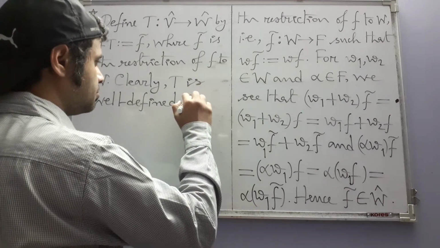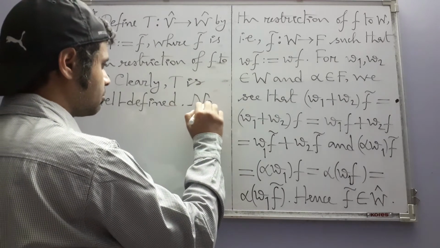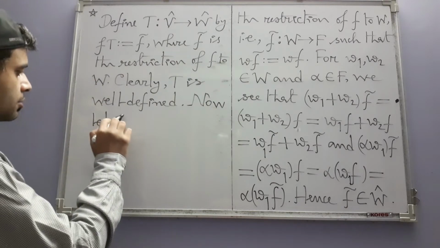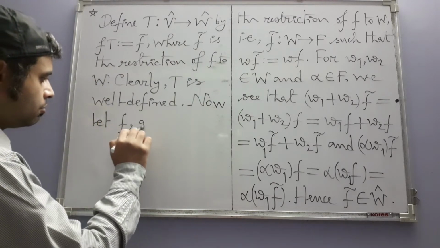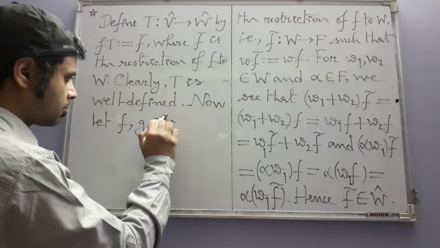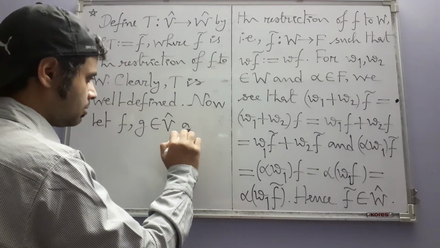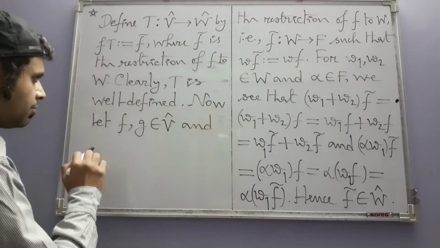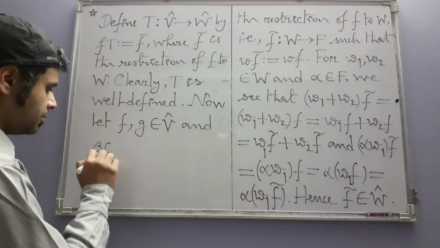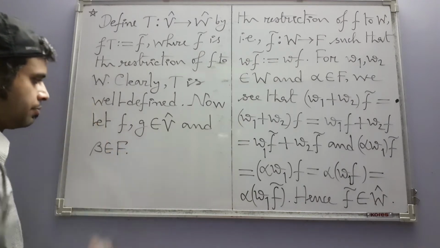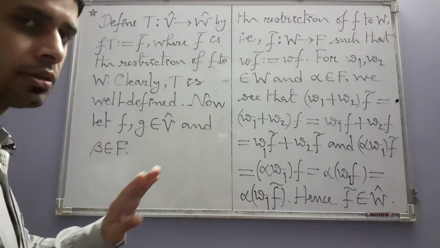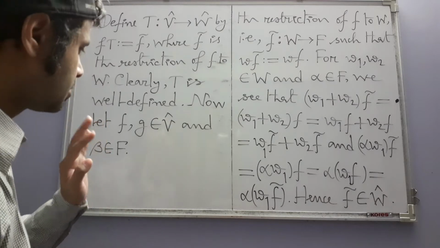So now we will need two vectors from the domain space and a scalar from the field. Because we have already taken alpha, let's just use another symbol beta, and we now have to prove that T respects addition as well as multiplication by scalar.